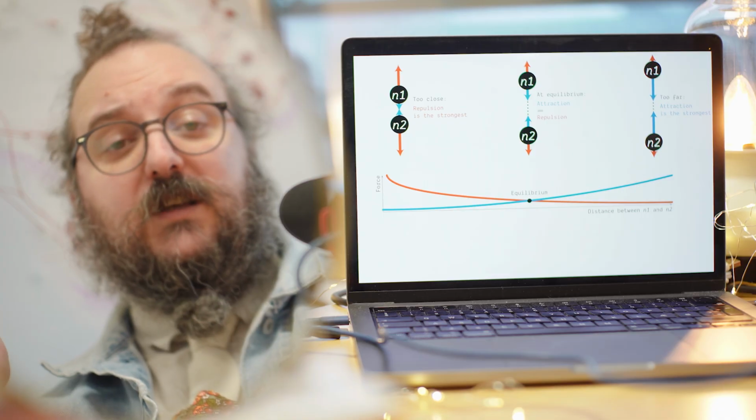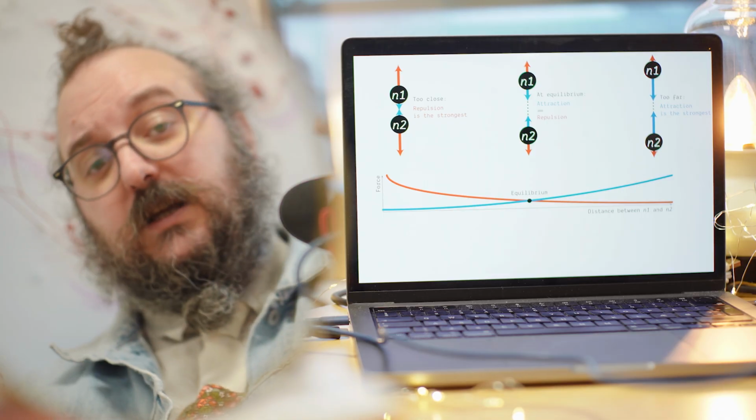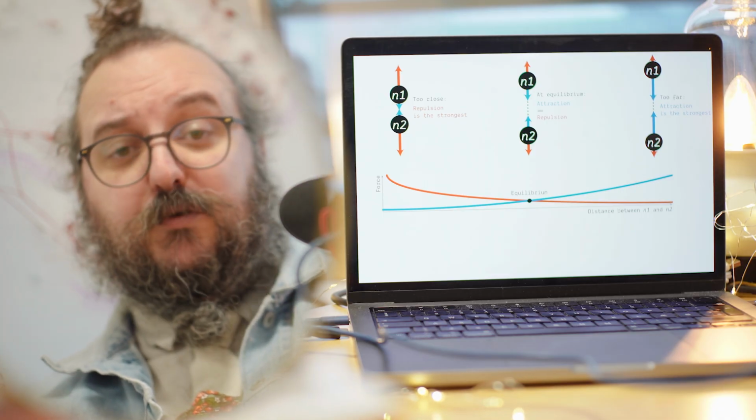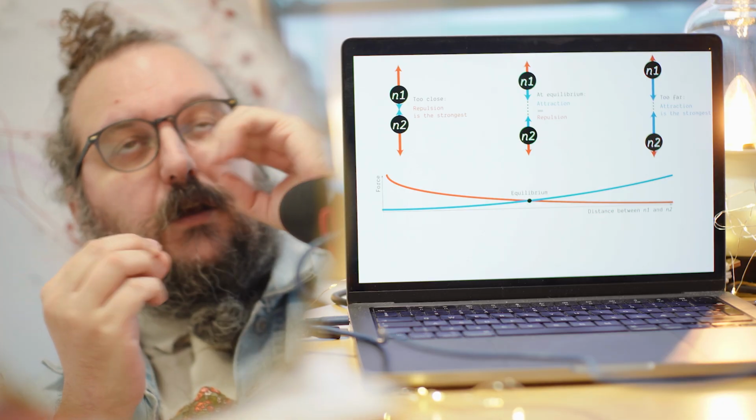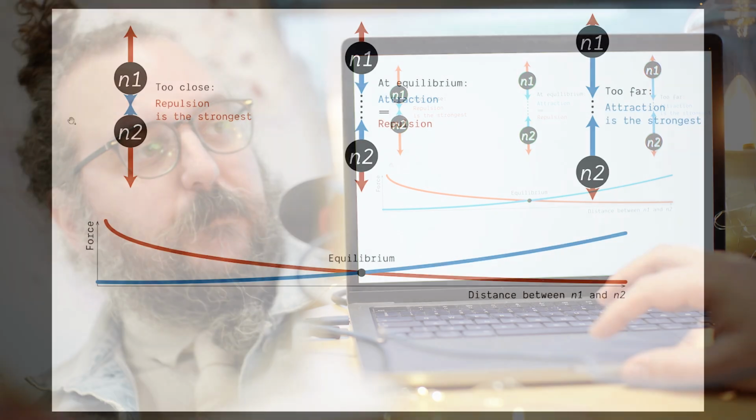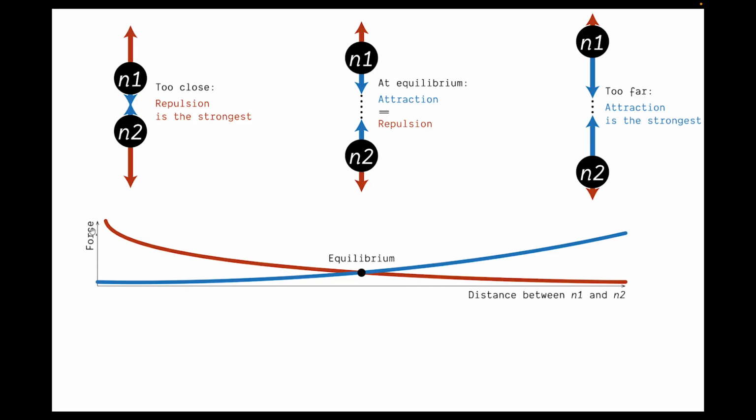The spring works the other way around. When the spring is elongated, it pulls hard, but when the spring is not elongated, it doesn't pull. So if we plot the intensity of the force over the distance between the two nodes, when the nodes are close, so the distance is small, the repulsion here in red is very strong, while the attraction is weak, right? So they repel like magnets, but basically the spring does nothing.